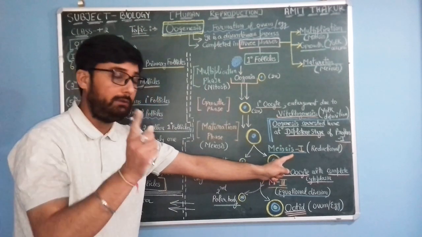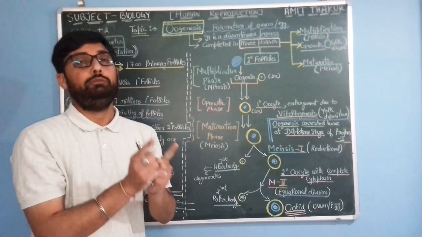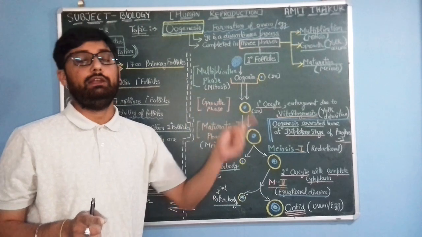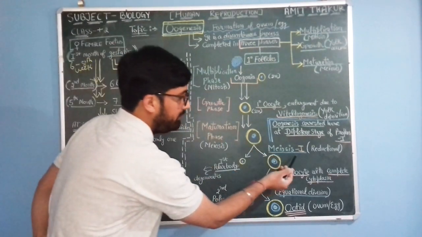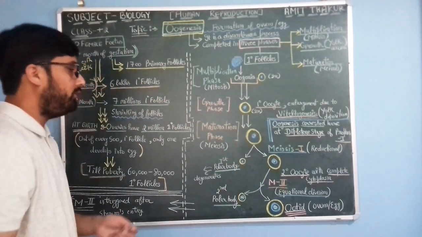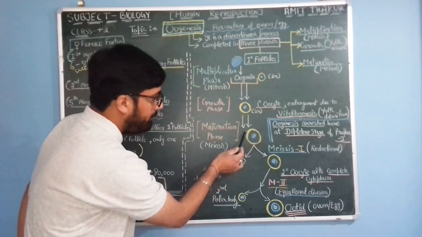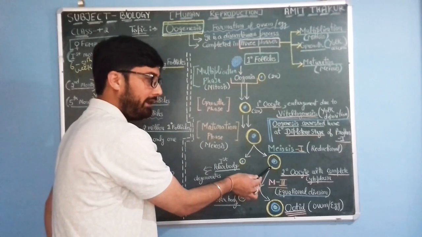Always remember, meiosis 1 is reductional division and meiosis 2 is equational division, as you see in case of mitosis. So first of all, meiosis 1, which is reductional division. After having undergone meiosis 1, this primary oocyte has now become secondary oocyte.